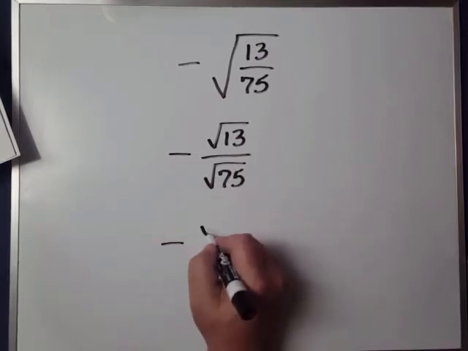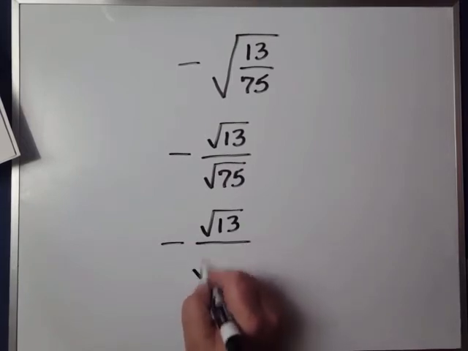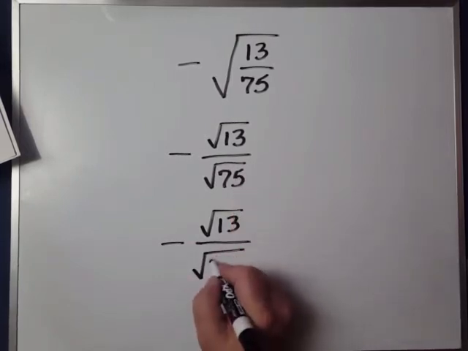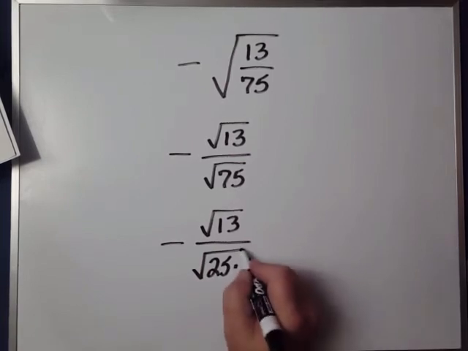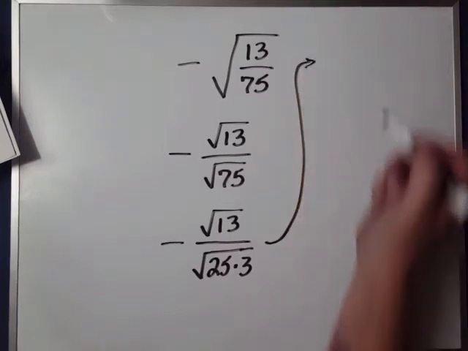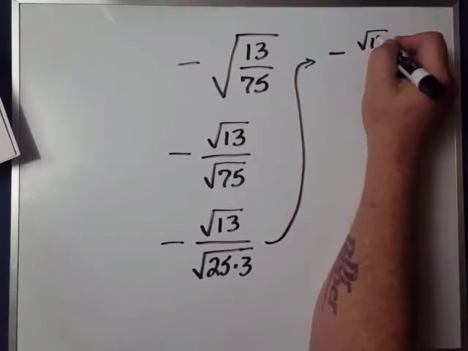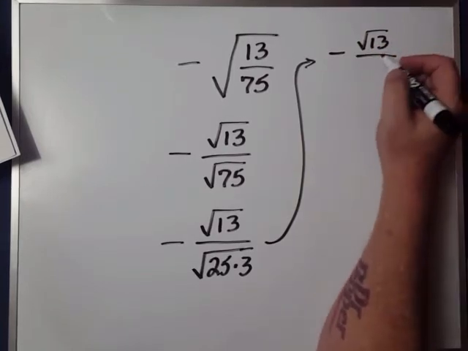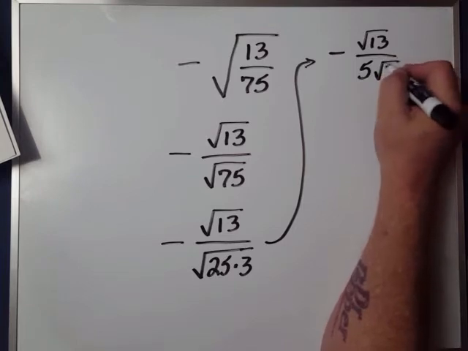We've got this floating negative that's going to be with us the whole time. But the first thing I want to do is get my numbers smaller and easier to work with here. 75 is 25 times 3. So we've got negative square root of 13 over square root of 25 is 5, and that 3 is stuck inside.